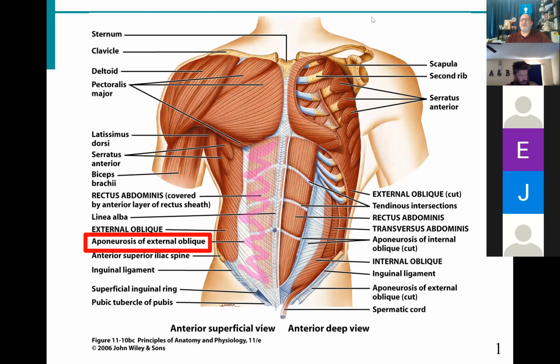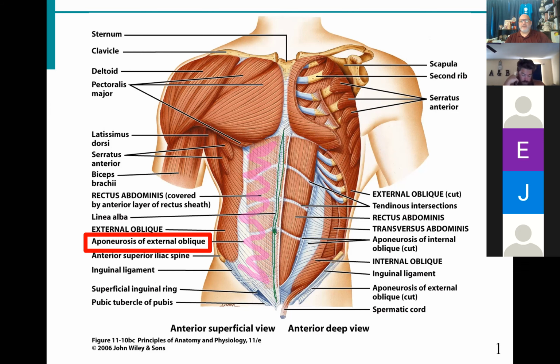But the other thing that picture showed us is that the aponeuroses from all of these muscles come together to form this midline white band of collagenous connective tissue that runs right down the center of the midline of the body, right through the belly button.